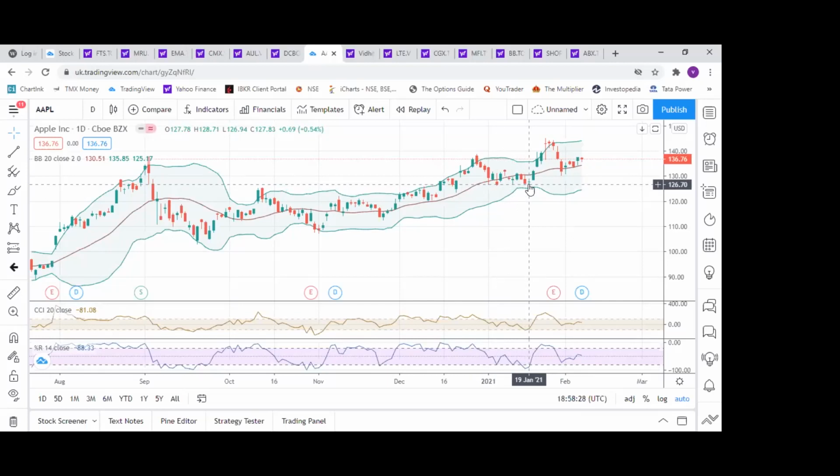So 127 is a very strong place where, when it falls down, people will buy and take it up. First buying would be at 127, which is the first weak buying. I am not going to go all in. Why?